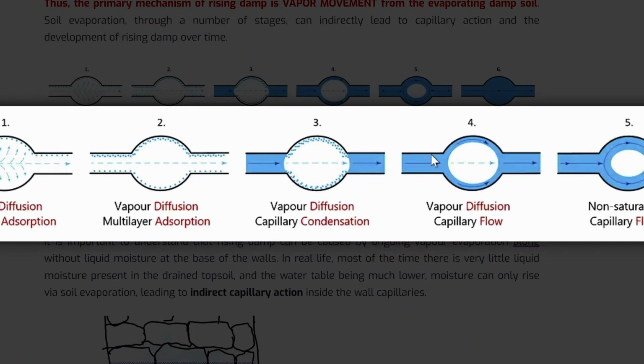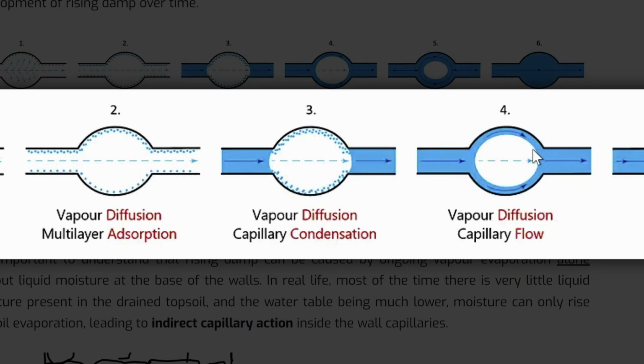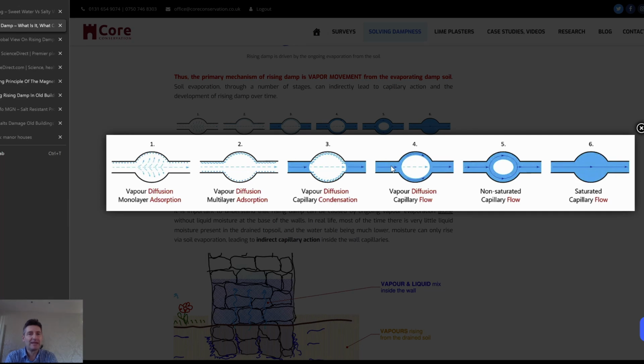And once we reach this liquid film along the capillaries, as is shown here on stage 4, then salts start moving into the wall fabric. Liquid diluted minerals from the ground start moving, which crystallize on the surface. And the salt movement will kick in additional mechanisms and will accelerate the whole process.